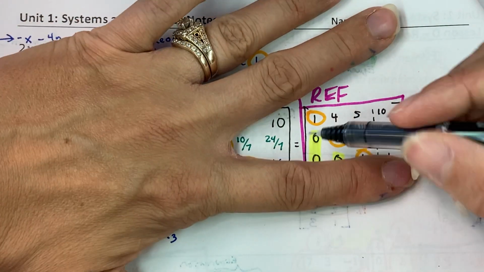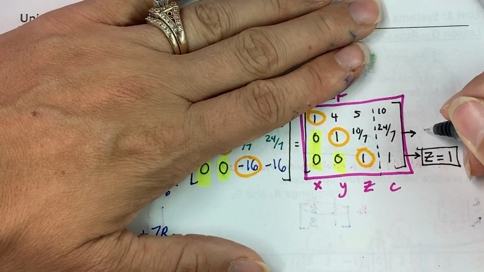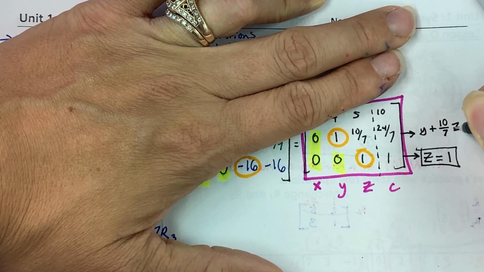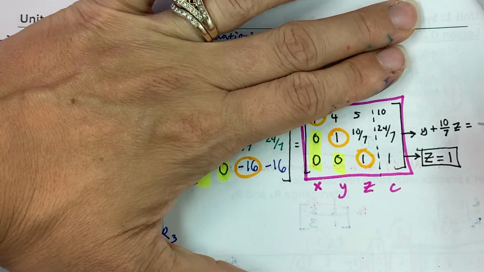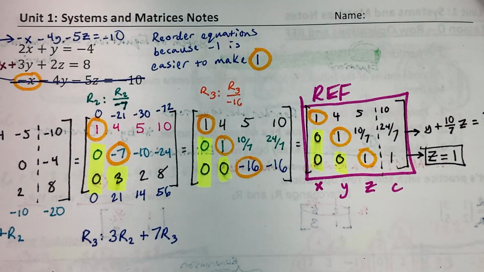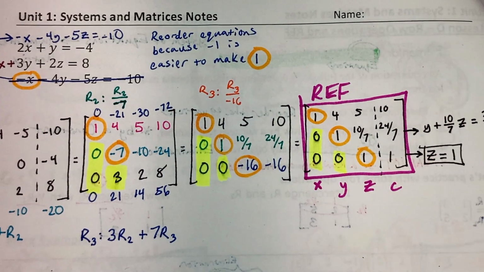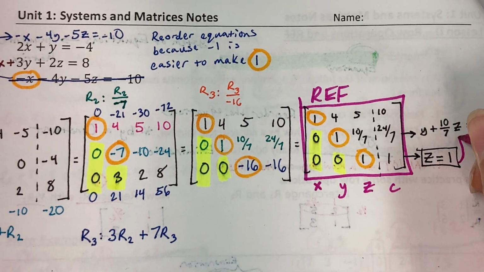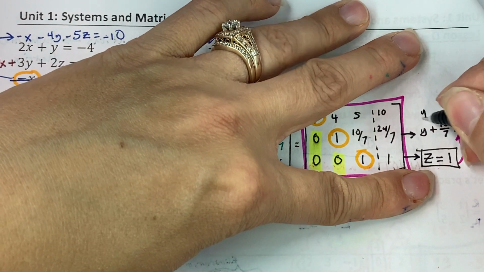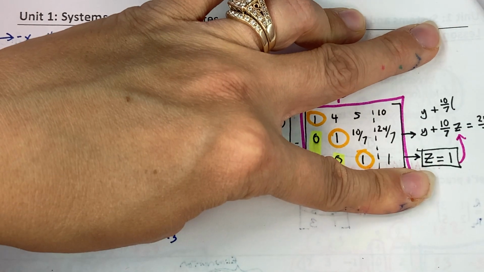This, as an equation, says 0x plus 1y, so 1y, plus 10 sevenths z equals 24 sevenths. So there's always an equal sign between the z and the c. Now, if you're getting a little bit uneasy going, oh, those yucky fractions, if we put that 1 in for z, we get y plus 10 sevenths times 1 is 10 sevenths.